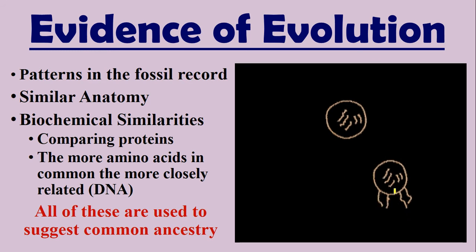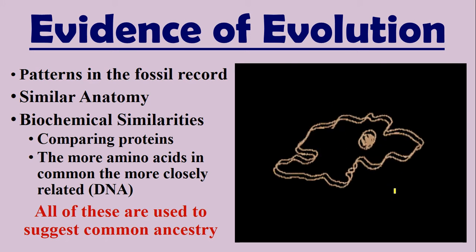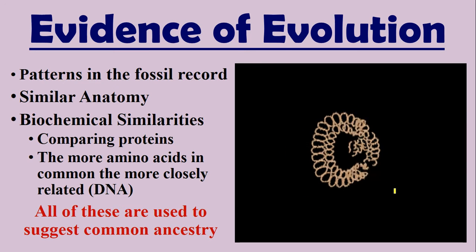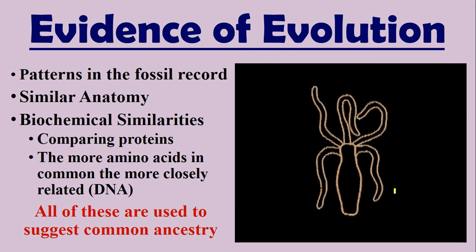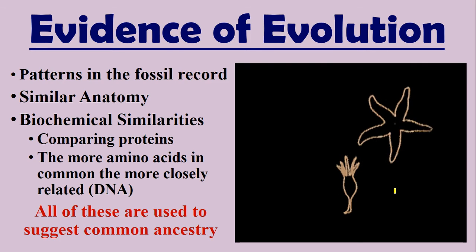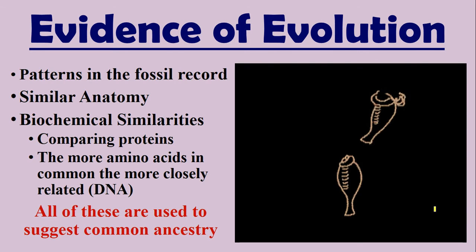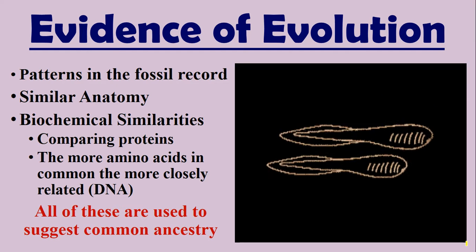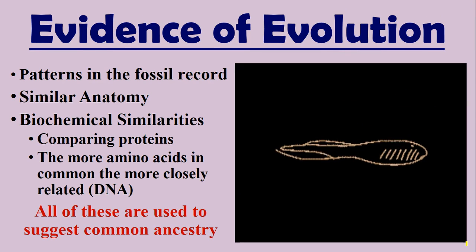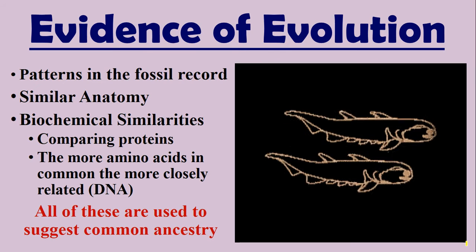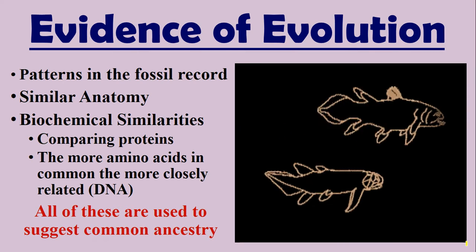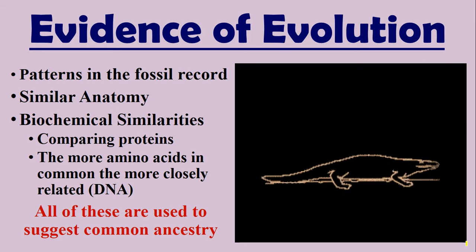One, there are patterns in the fossil record that prove that evolution is working. Things are changing. You can kind of see what's going on in the fossil record in the GIF to the right. There's similar anatomy. We're going to talk about how things have similar structures. Anatomy is about the structures of the body and the bones. And there are biochemical similarities.